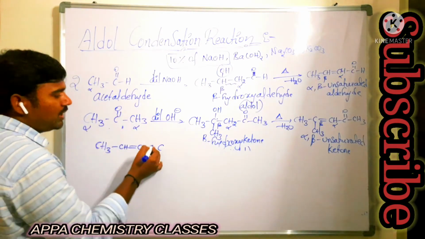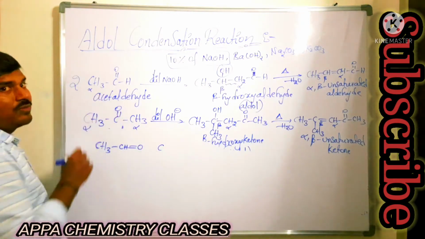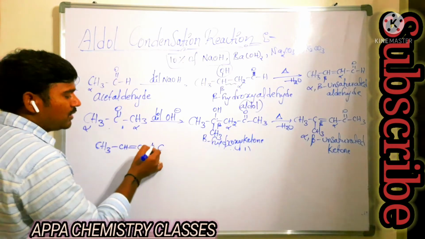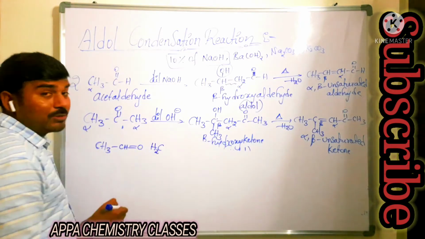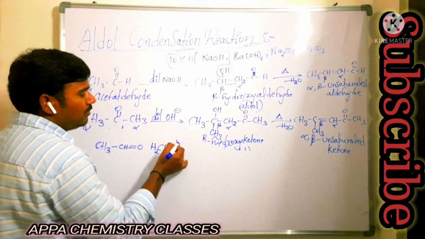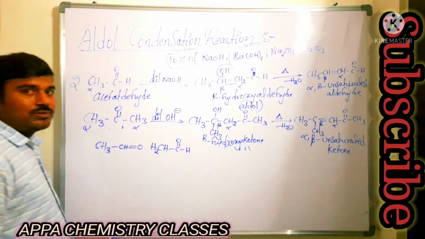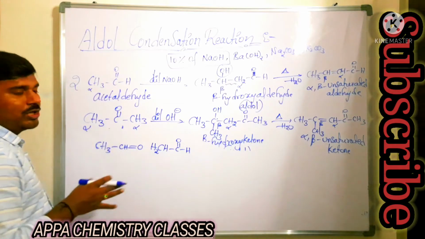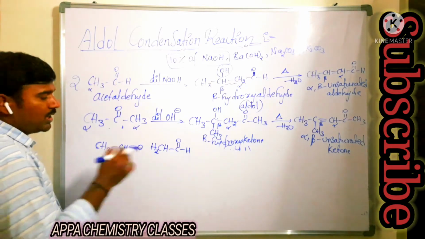That CH3 I am writing, because this is the alpha carbon, no? The alpha carbon containing 2 hydrogens, I am writing like this: CH2CH, C double bond OH. Whatever compound they have given, you take it like this and write.